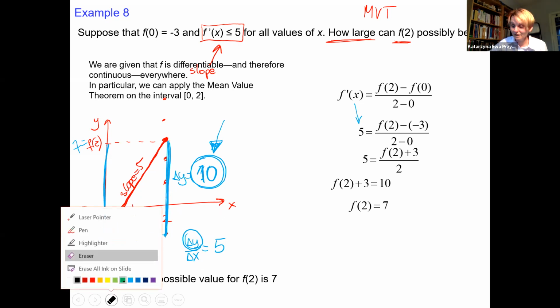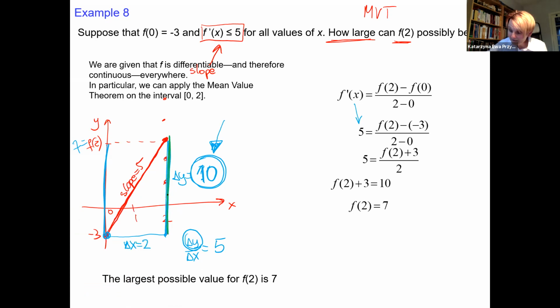And now, if this distance is 10, and this distance is 3 units, what's supposed to be the distance above the x-axis? If this is 3, the entire distance is 10. Okay, this has to be 7. Yes, okay, good. And that's the reason. We also have a nice rigorous definition, but yeah.